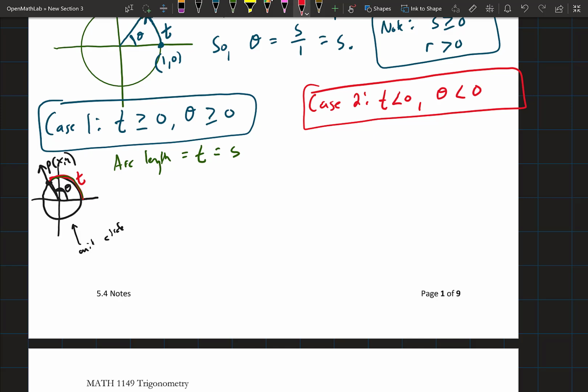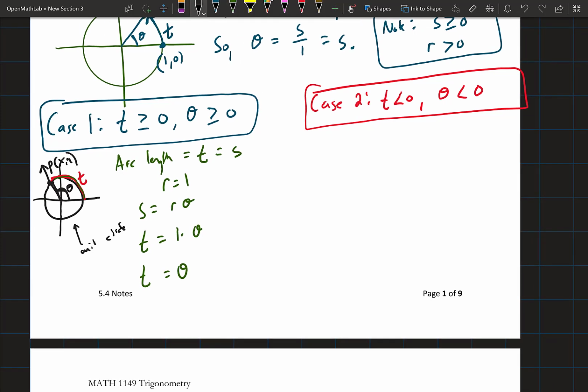We know that r equals 1, because it's a unit circle. We also know that s equals r times theta. So if we replace s with t, and replace r with 1, we get t equals 1 times theta. So then what we end up with is that t equals theta.